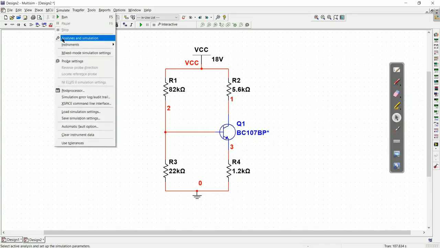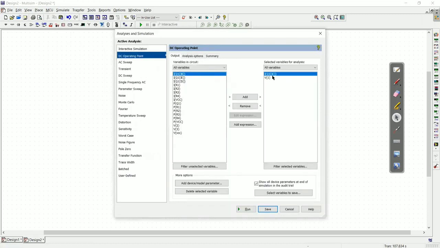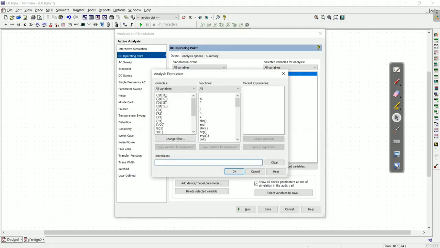Going to simulate, analysis and simulation, DC operating point. We need Q1 IC, adding it. We need V1 minus V3, so we can add an expression: V of 1 minus V of 3.